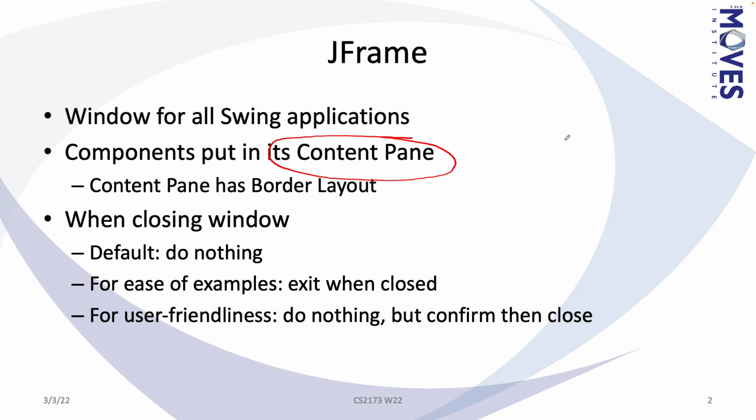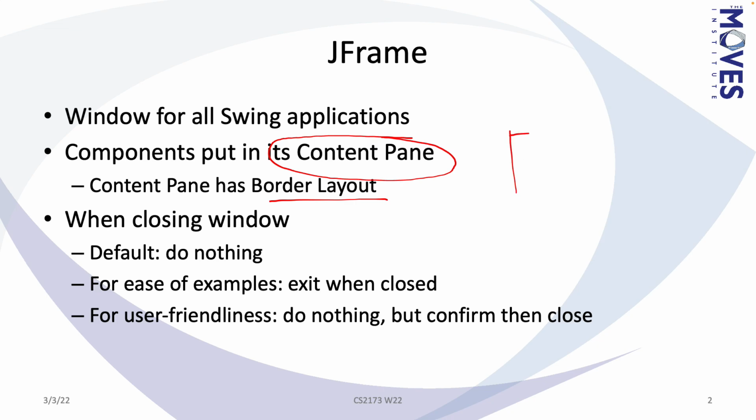But one of the nice things that Java introduced was the idea of these layout managers. We're going to look at a couple of them today. And each component or container, as it were, has a default one that can always be overridden. We'll show you how to override that as well. The one that the content pane has is something called a border layout, and we'll see what that looks like.